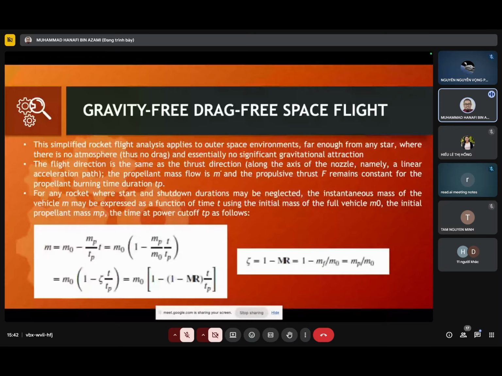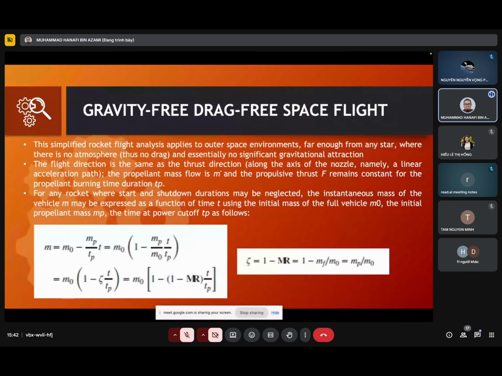So the propellant mass flow, which is m dot, is very critical. I hope you understand this. M dot is the mass flow rate. It appears in the thrust equation: T is equal to m dot Ve, which is the momentum thrust, plus the imbalance pressure term.